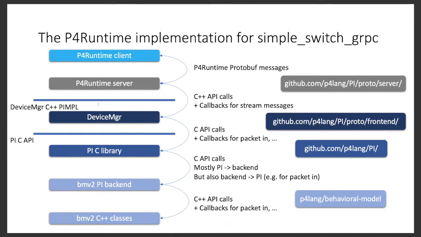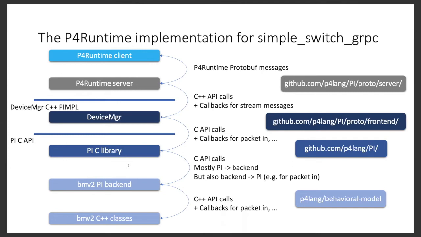So once we've called that device manager, there is a lot of logic here, but we're going to switch from C++ to C. And I think that layer is mostly there for historical reasons. If you looked at the history I shared at the beginning, it all started with the PI library, and then we started collaborating with Google, and we decided it would be good to standardize around a protobuf and gRPC interface.